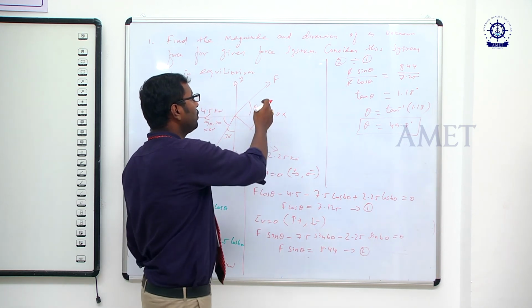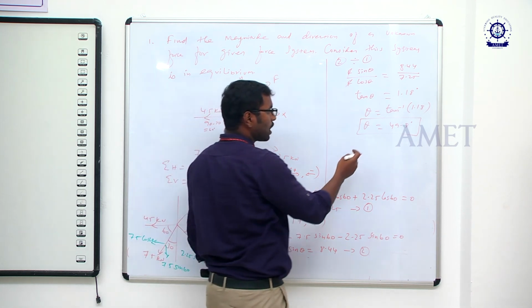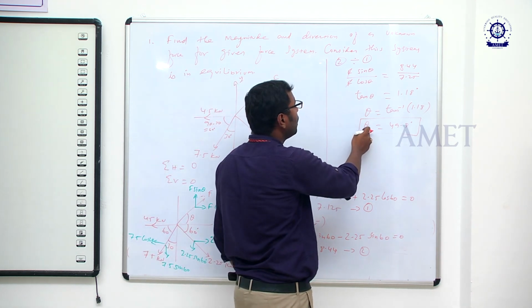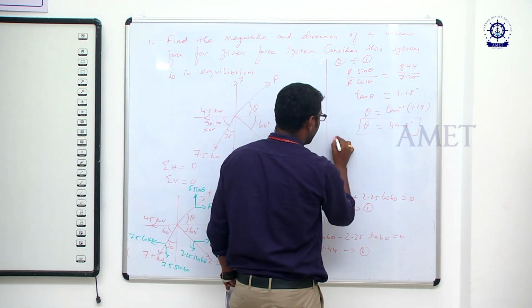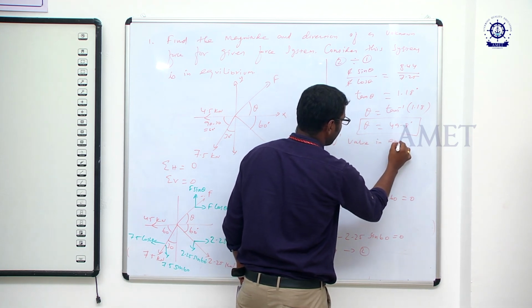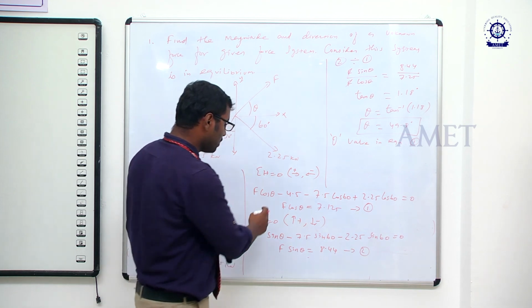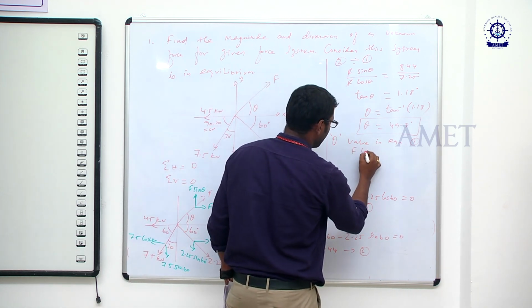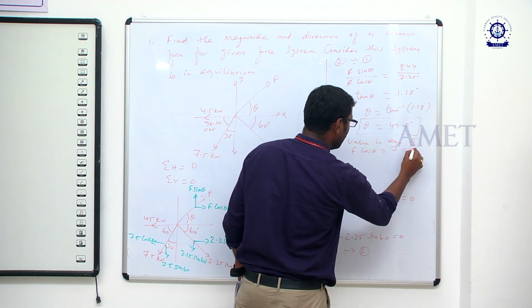Again, we need to find the magnitude of this unknown force. For that we substitute the theta value in equation 1 or 2. I am going to substitute the theta value in equation 1. Equation 1 is F cos theta equal to 7.125.